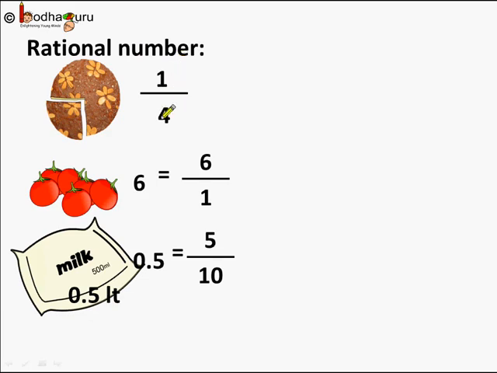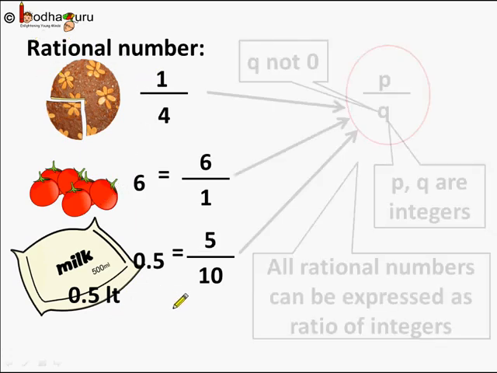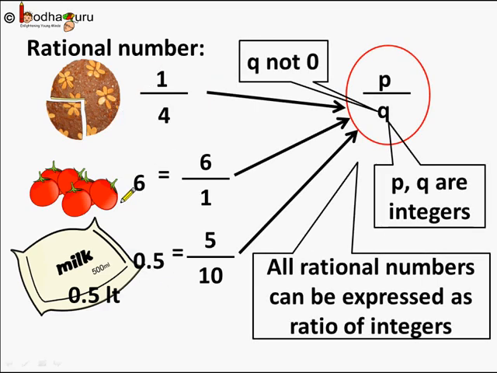Here we have rational numbers 1/4, 6, 0.5. All these are rational numbers. Why? Because all of these can be expressed as a ratio of integers. 1/4, 6 can be written as 6/1, 0.5 can be written as 5/10.